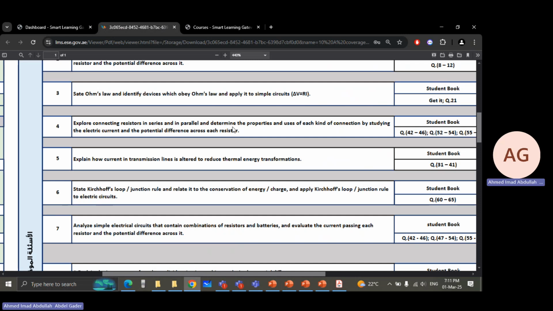Now, I want you to draw a graph. On the x-axis, we have the potential difference, an independent variable, a variable we can control. And on the y-axis, current, as measured by the ammeter.